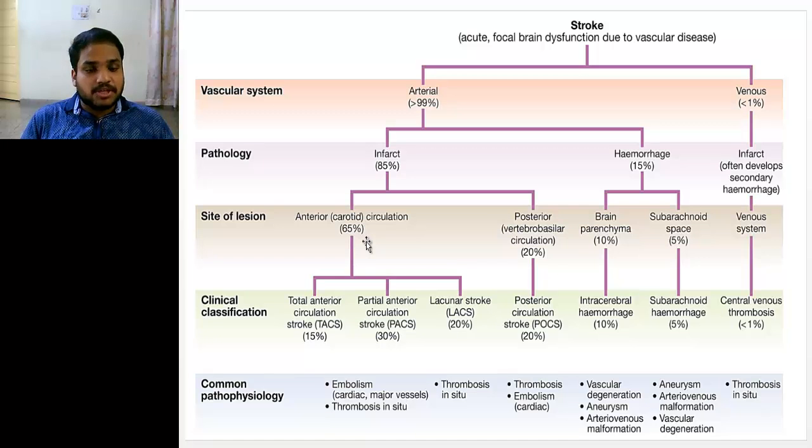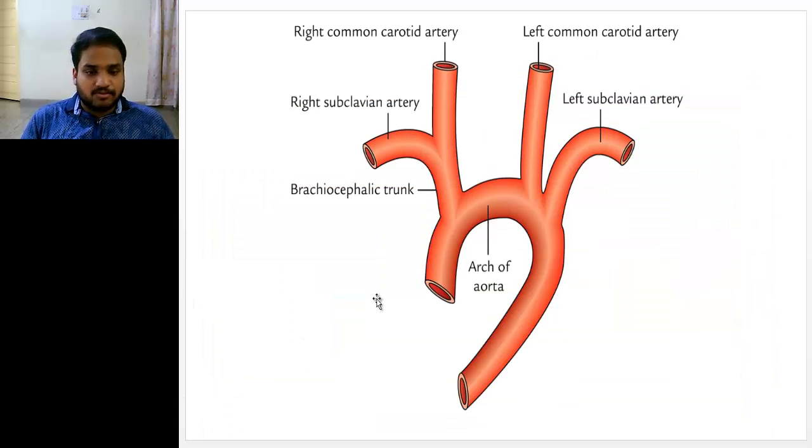Anterior circulation strokes account for 65% and 20% is the posterior circulation strokes. So in order to understand the anterior and posterior circulation strokes, we would first discuss the blood supply of the brain, and then we would go to the anterior circulation and the posterior circulation strokes.